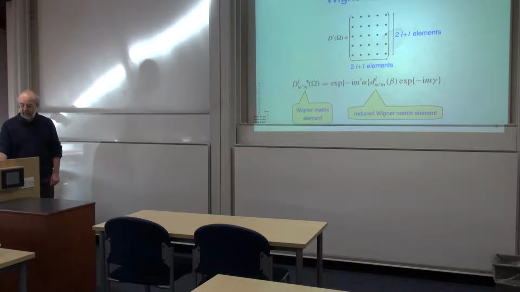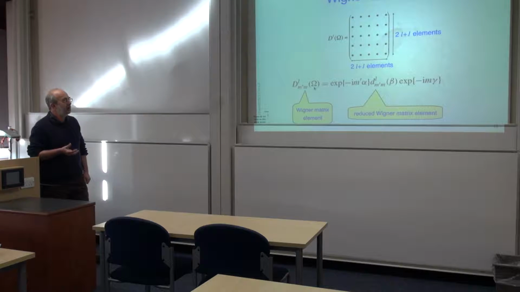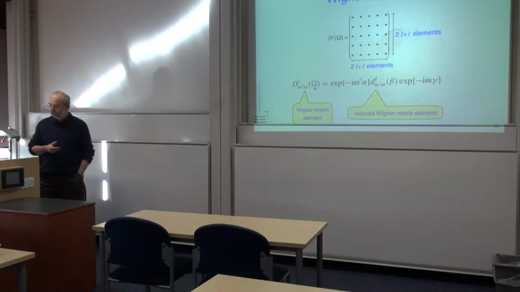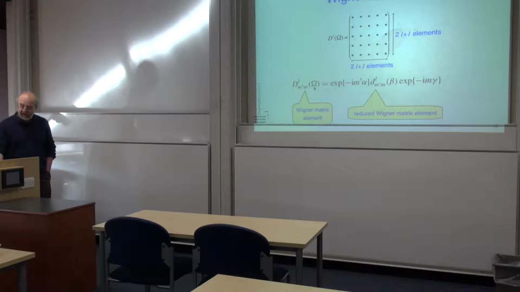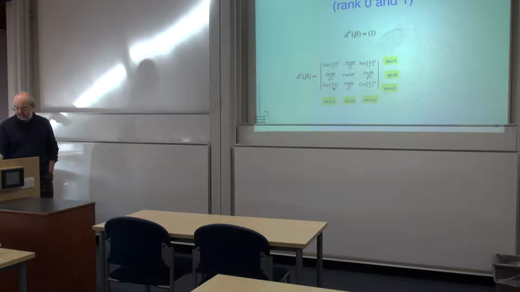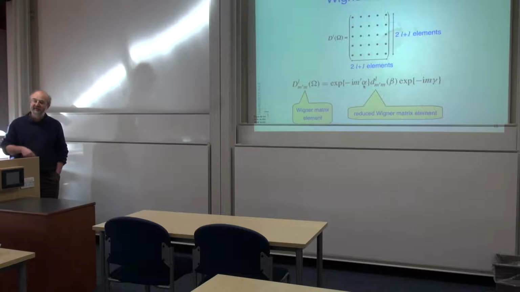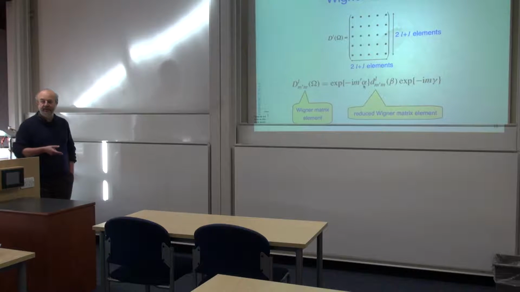And the way it works is as follows. If you remember, this big omega here is actually shorthand for alpha, beta, gamma. It depends on three angles. And the way the Wigner matrices are defined, each element, in row M prime, column M, is the product of three terms. The first term just depends on alpha, the second term depends on beta, and the third term depends on gamma.